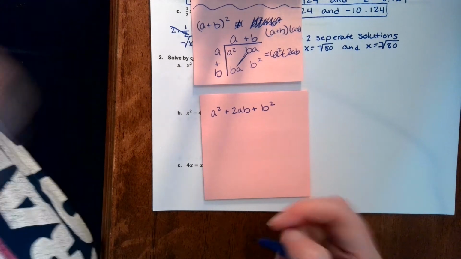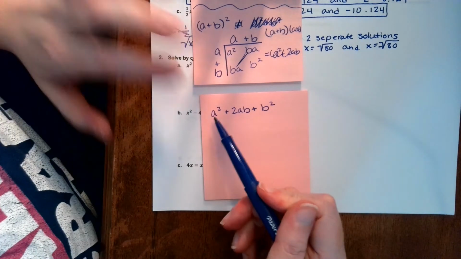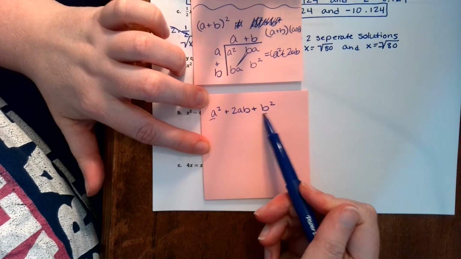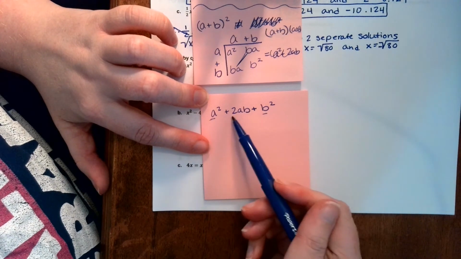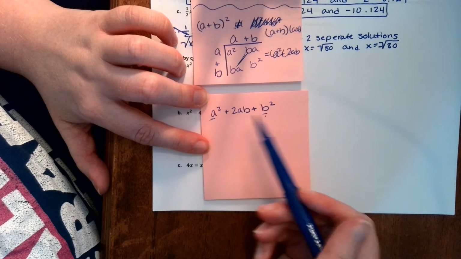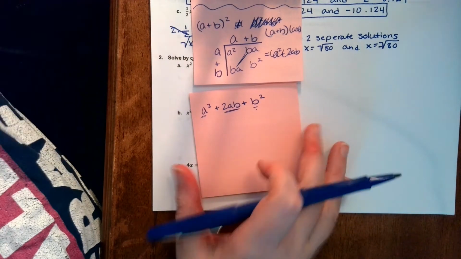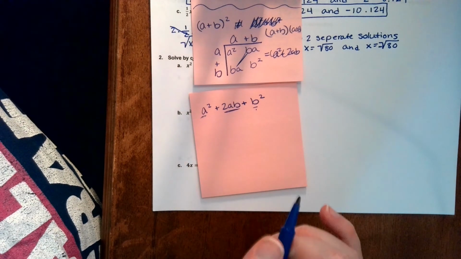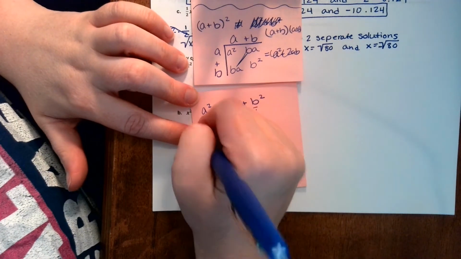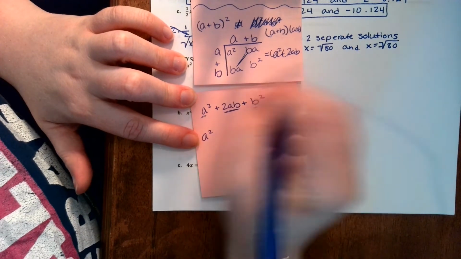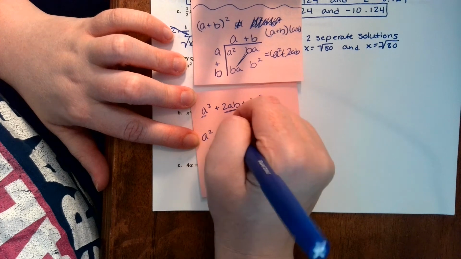Okay, so whenever we square a binomial, we have two things squared, and then the middle term is those two numbers together multiplied by 2. Okay, so when we complete the square, what ends up happening is we have a squared and this 2ab.